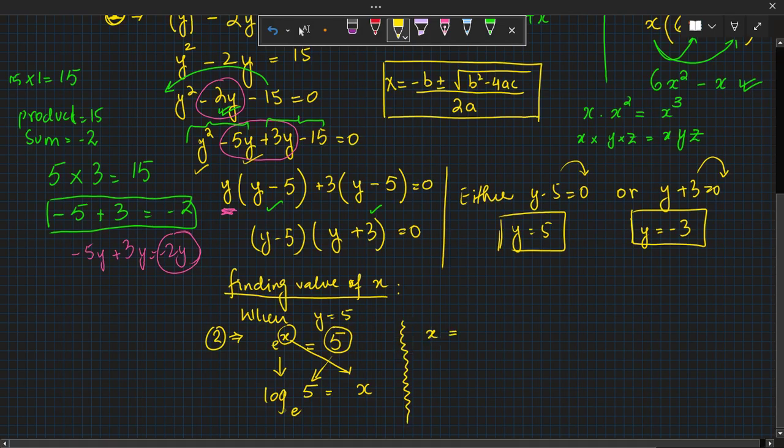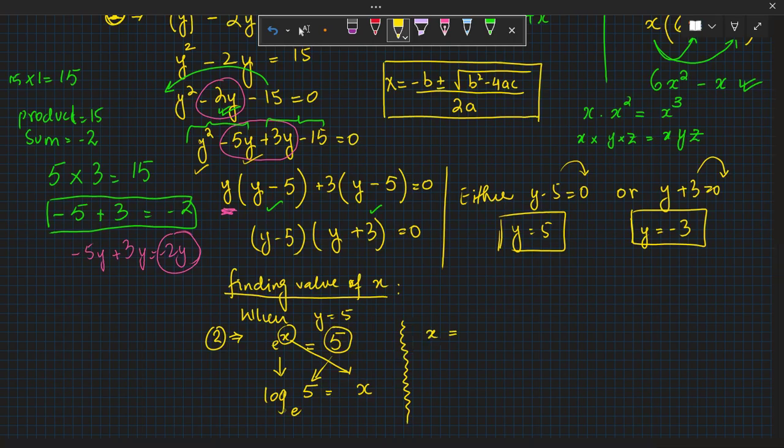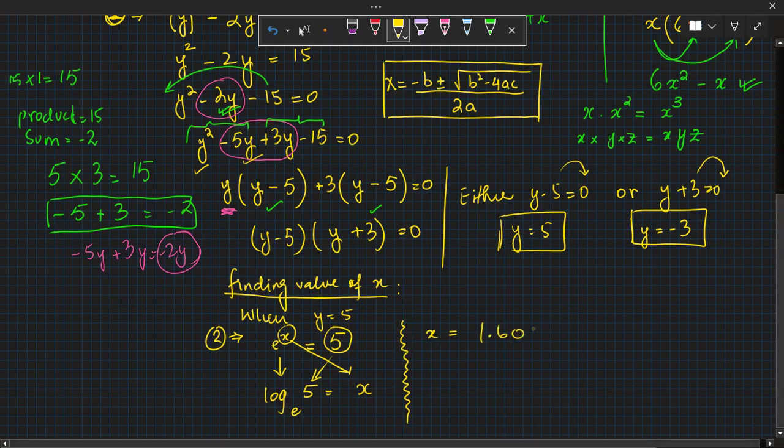Let me do a cross check. Question number 10, part 8. Can you find the value of ln5? Ln, natural log. Yes, the same 1.609. Clear? Yes, sir.